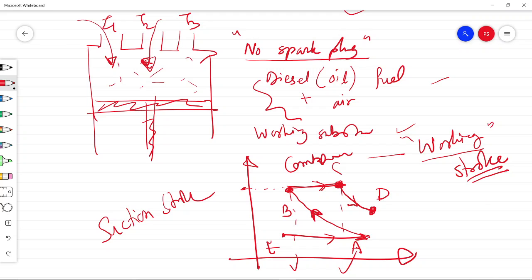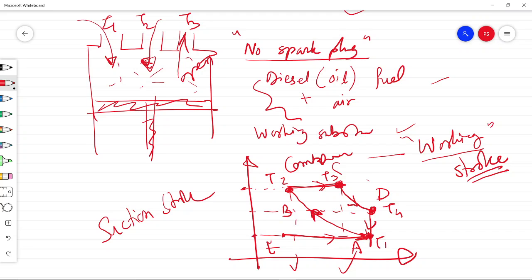And during the last step, denoted by D to A, the temperature falls from say T4 to T1. Let us denote the other temperatures as T1, T2 and T3. For this D to A process, the outlet valve I3 is kept open so that the pressure falls from a high value to atmospheric value.